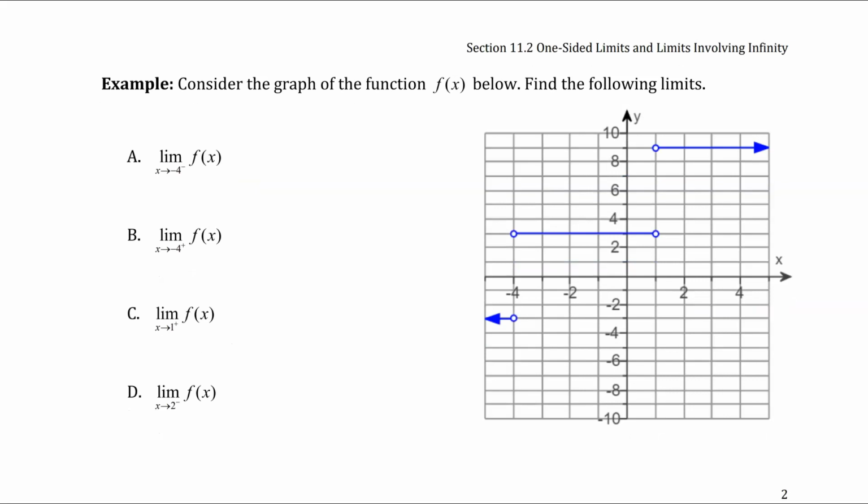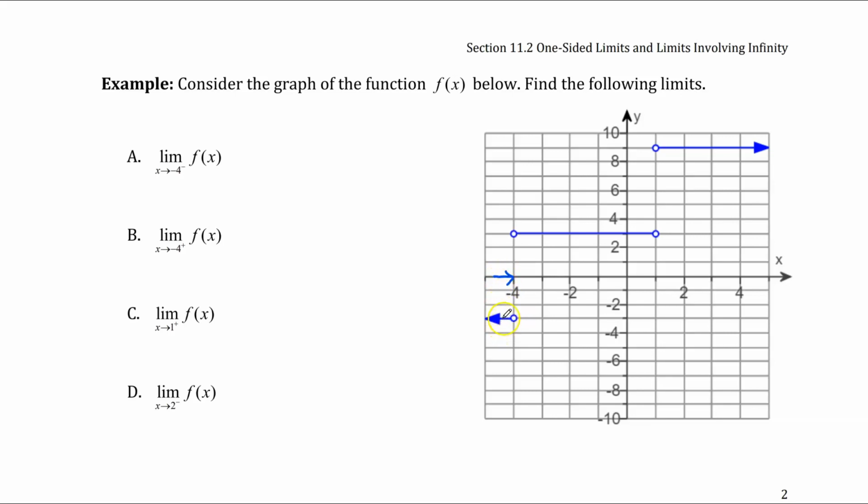Next, let us evaluate the limit of the function as x approaches -4 from the left. So let's look at the behavior of the function as x approaches -4 from the left side of -4. Your x's are coming from this side here of -4, and then the particular y values or function values are this.